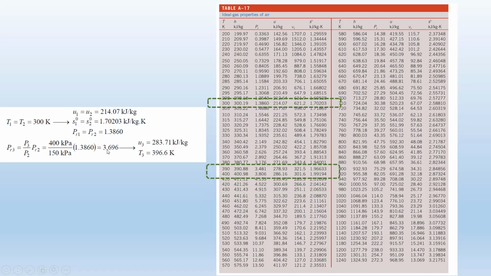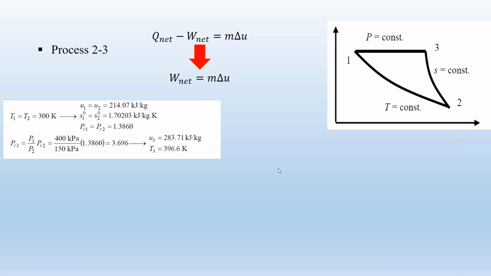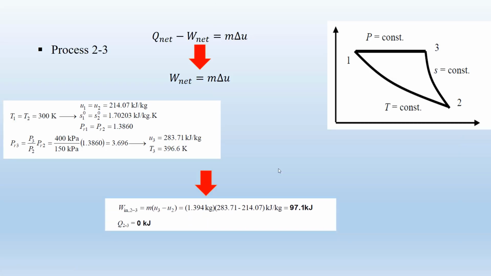This is the 3.69. 3.69 is between these two values. So by using the interpolation, you can find the T3 and also you can find the U3. Now you have the U3, you can simply find the W for this process.